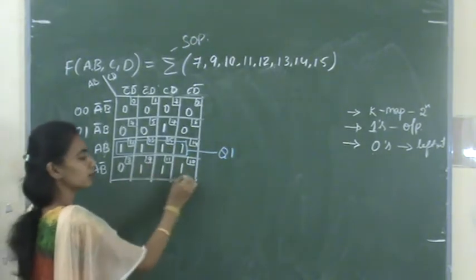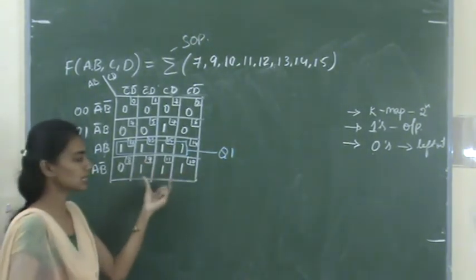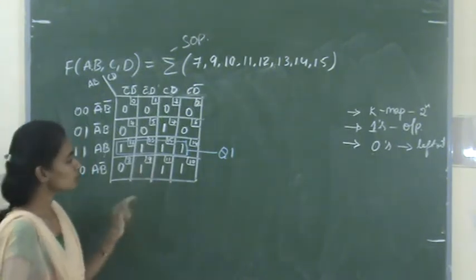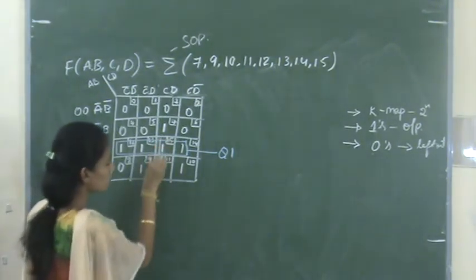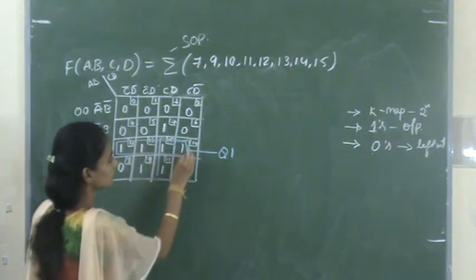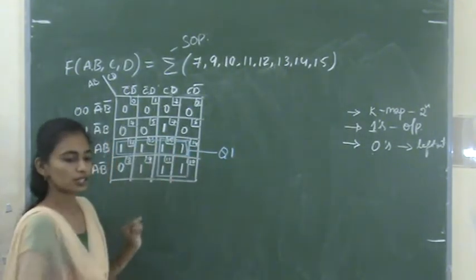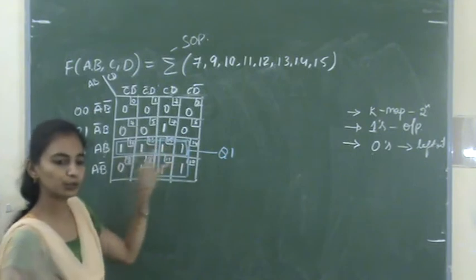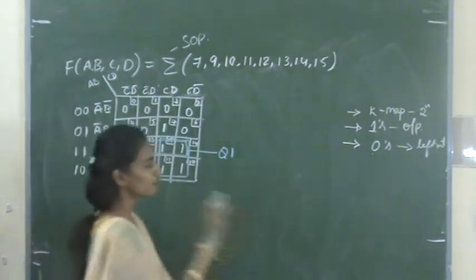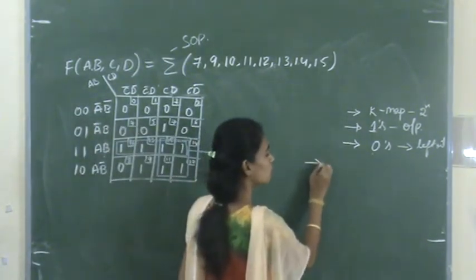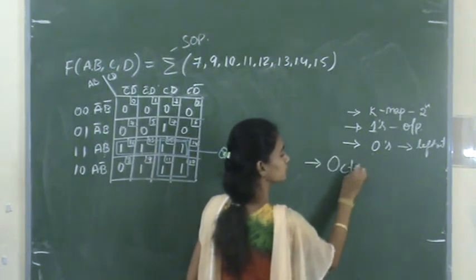I cannot encircle these 3 ones, right? So now I am making one more quad. Okay. If I have to do this, first I have to check for an octet.